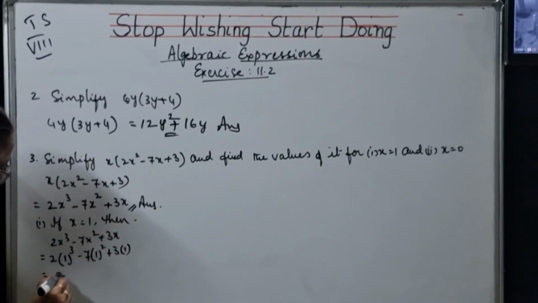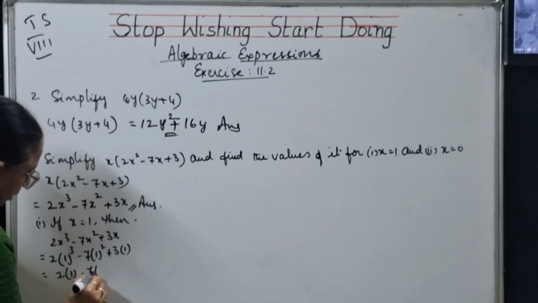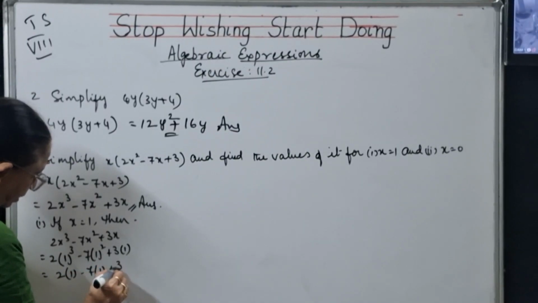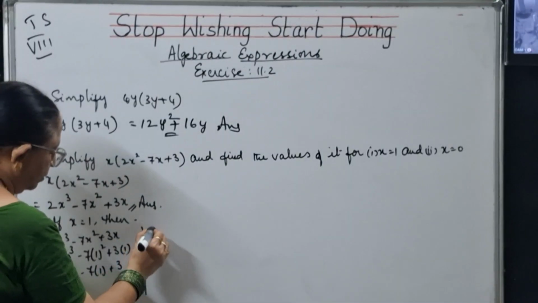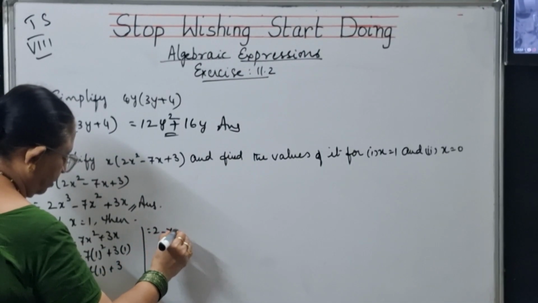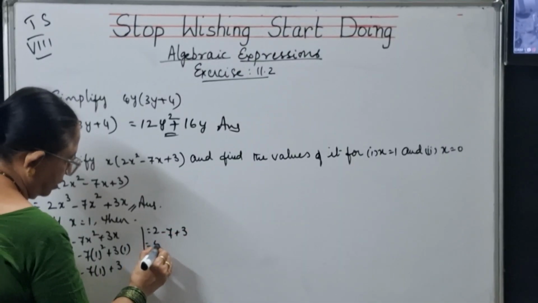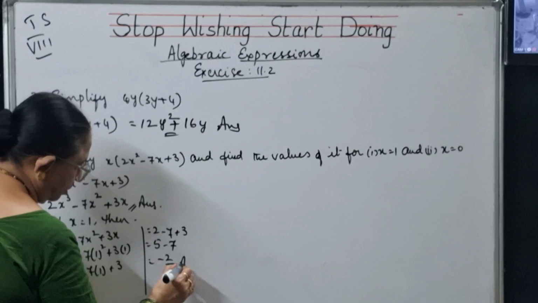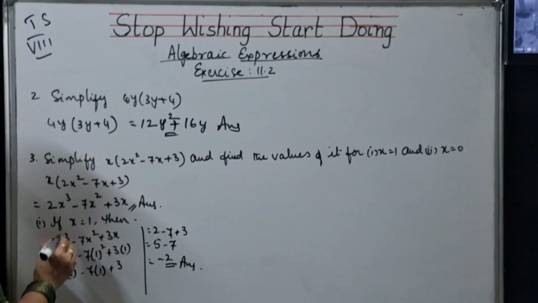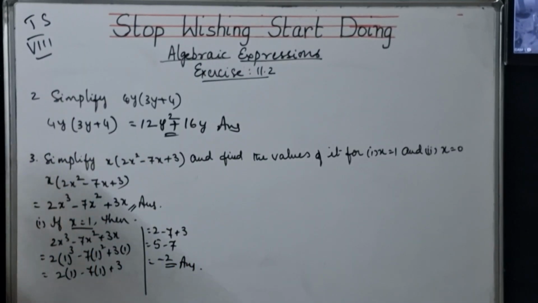That is 2 into 1 cube is 1 only, minus 7 into 1 plus 3. That is equal to how much? 2 minus 7 plus 3. 5 minus 7 is minus 2, the answer when x is equal to 1.